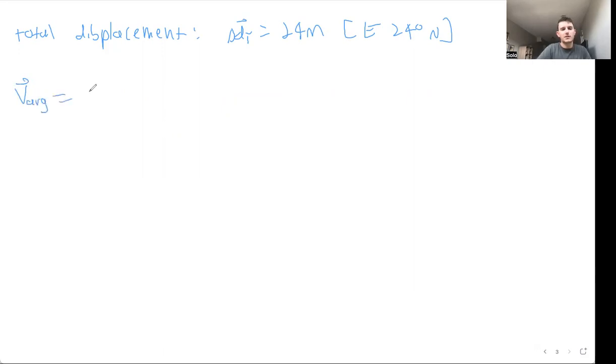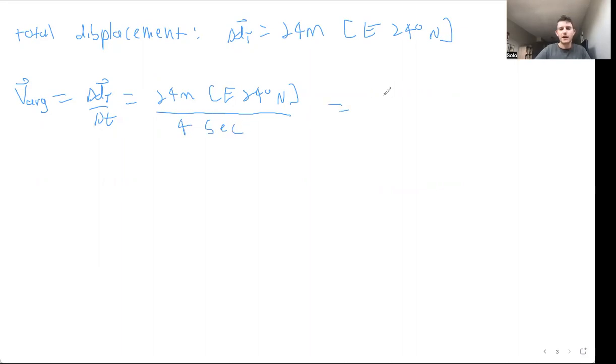Average velocity is going to be total displacement divided by time. And this works because you're just dividing a vector by a scalar, and that's just reshaping the magnitude. It's not going to change the direction, right? So we have 24 meters east, 24 degrees north, divided by the total time of 4 seconds.